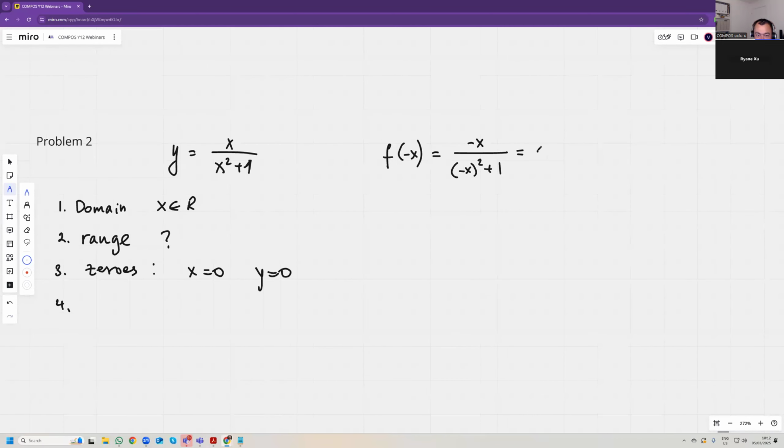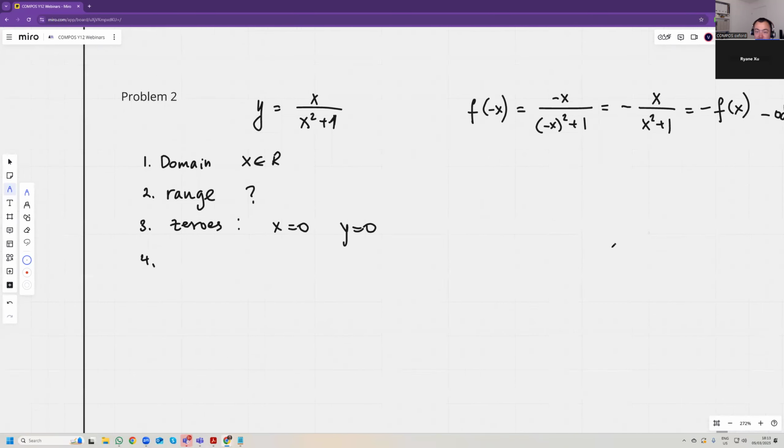Okay, so that is going to be minus x over x squared plus 1, which is minus f of x. And by definition, if f of minus x equals minus f of x, then it's an odd function.